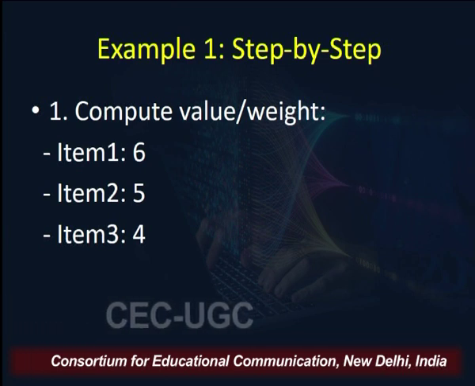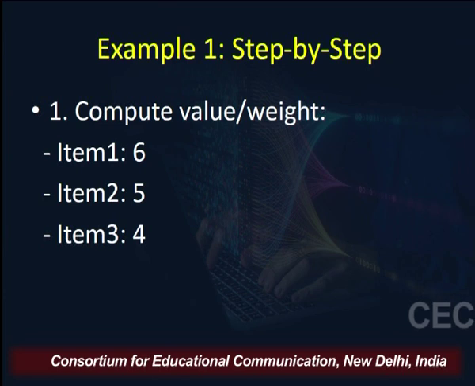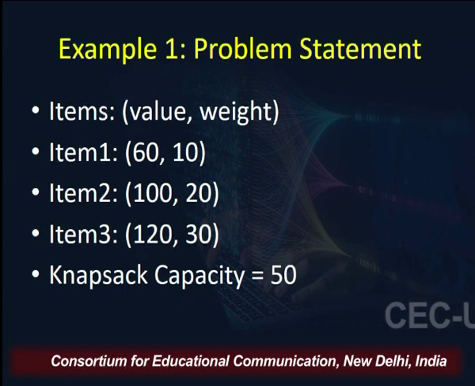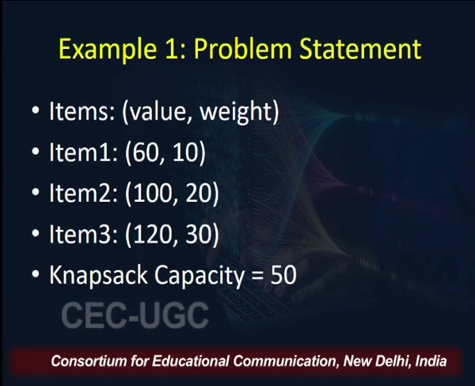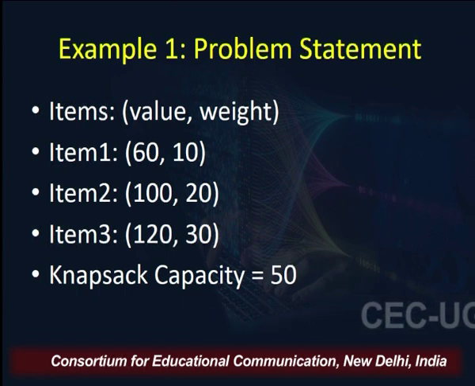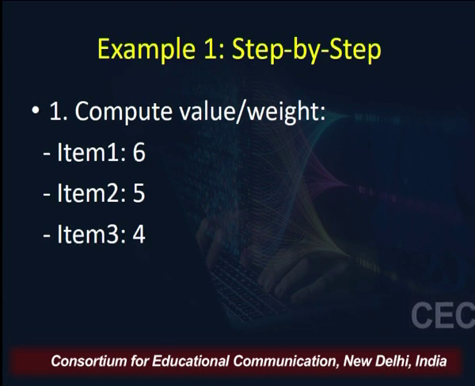Item 1 has ratio 6, item 2 has 5 and item 3 has 4. How? 60 divided by 10 for item 1 gives 6, 100 divided by 20 gives 5 for item 2, and for item 3 it is 120 divided by 30, which is 4. So, this is the value weight ratio for the different items.